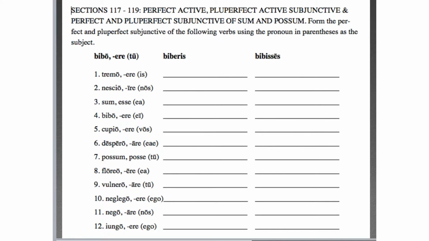All right, now there aren't a lot of exercises that I have for these passives. They're not that commonly used. So we're going to modify this a little bit. Wherever it says form the perfect and pluperfect subjunctive of the following verbs, we are going to make the passive of these.